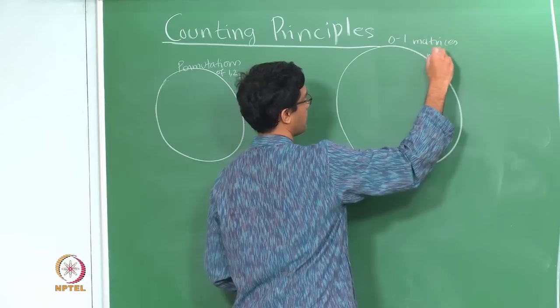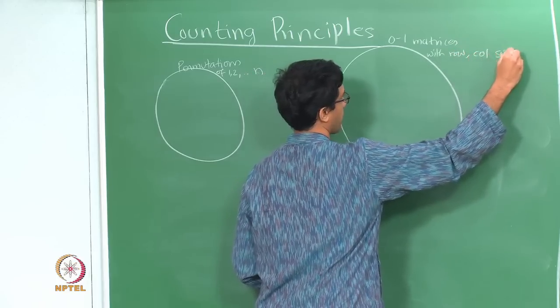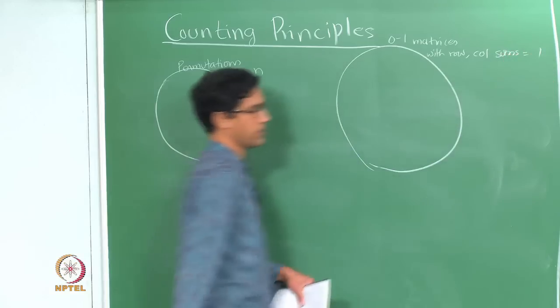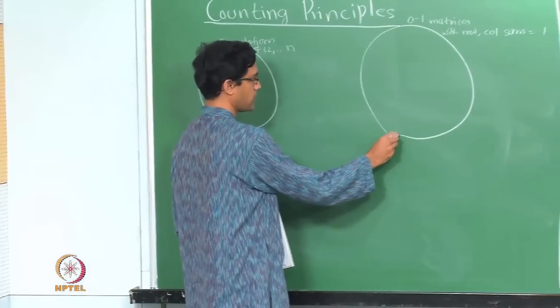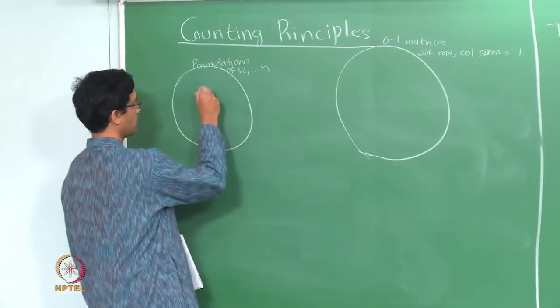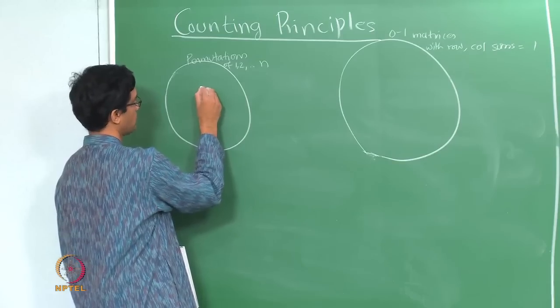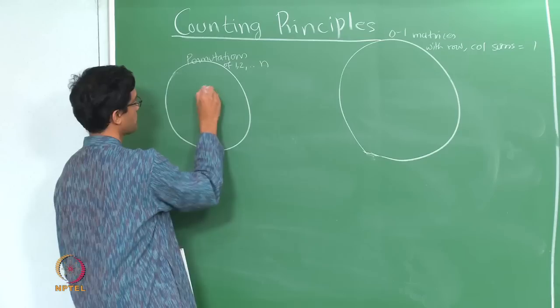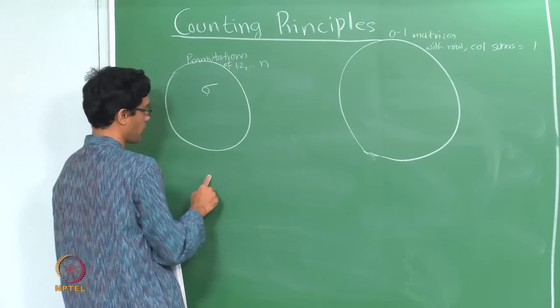with row and column sums 1, that is the other set. Now what we have done according to this prescription here is really the following: given an element of this set, in other words given a permutation, let us call the permutation sigma, by which I mean sigma could be a sequence of 1s, 2s and 3s.